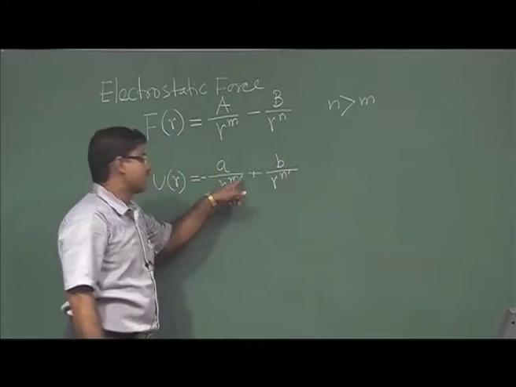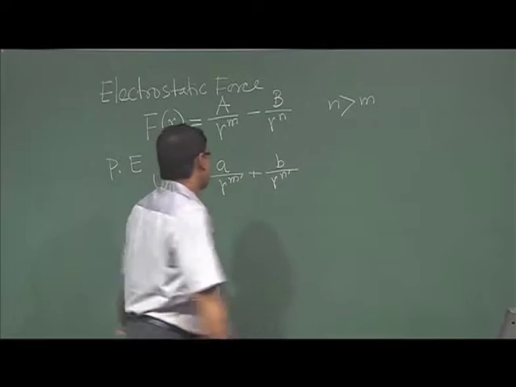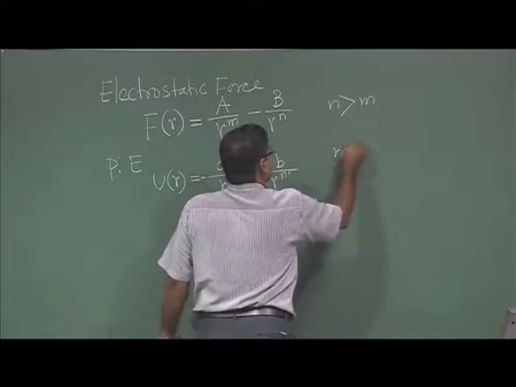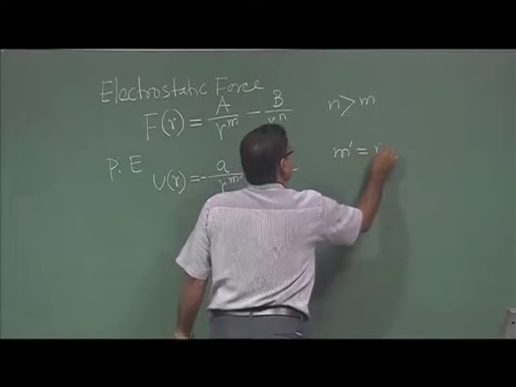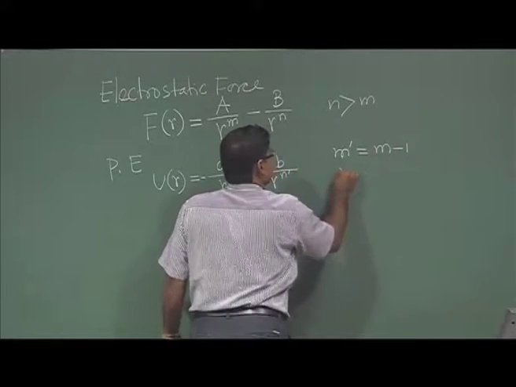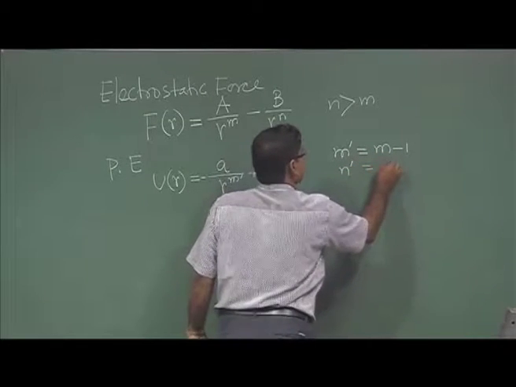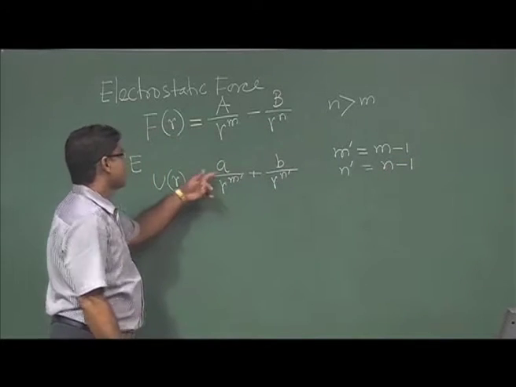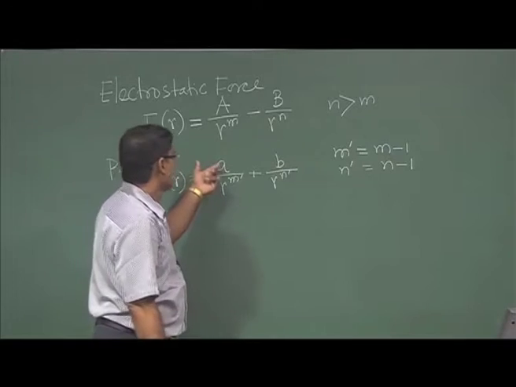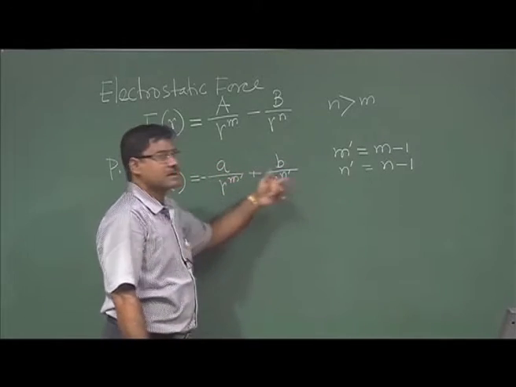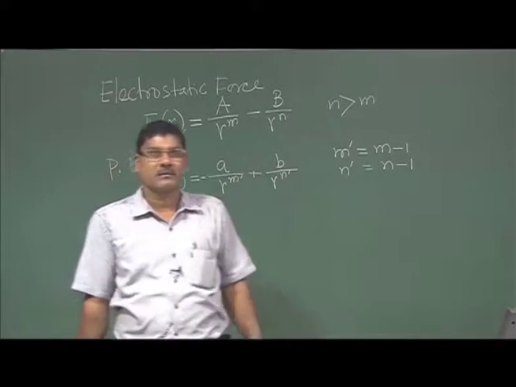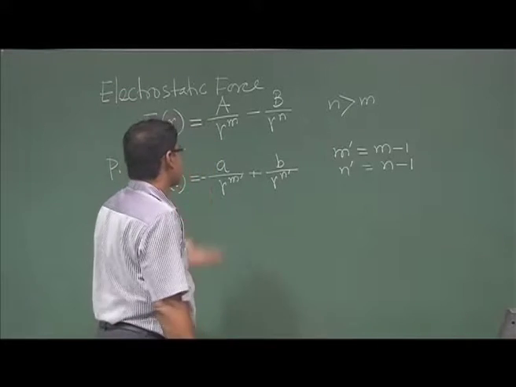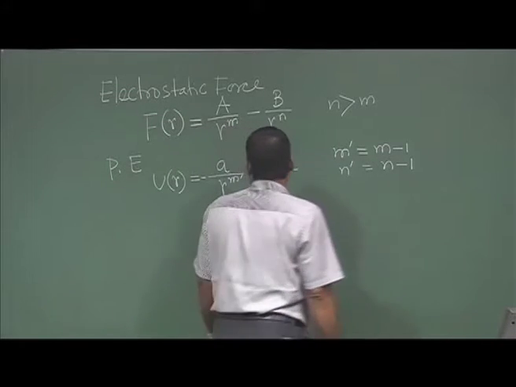In last class the dash was missing. So, basically m dash equal to m minus 1 and n dash equal to n minus 1. So, this small a, b, m dash, n dash are another constants, characteristic constants of atoms.